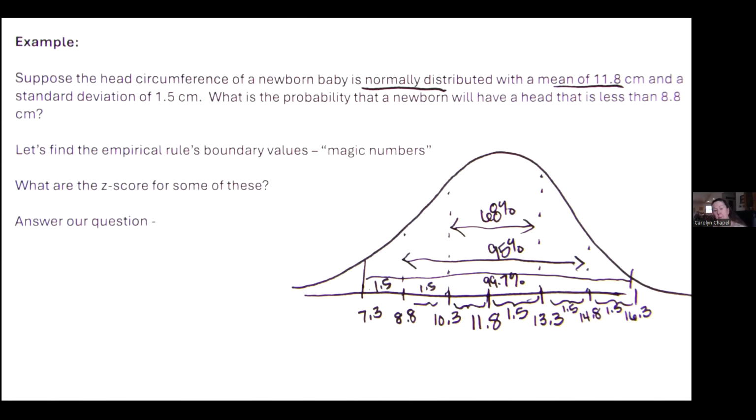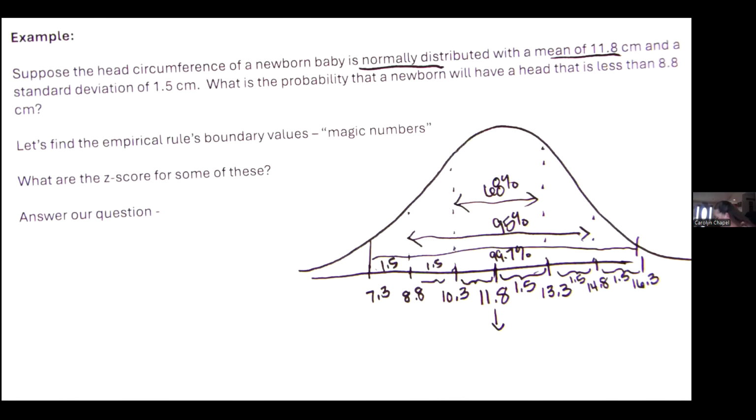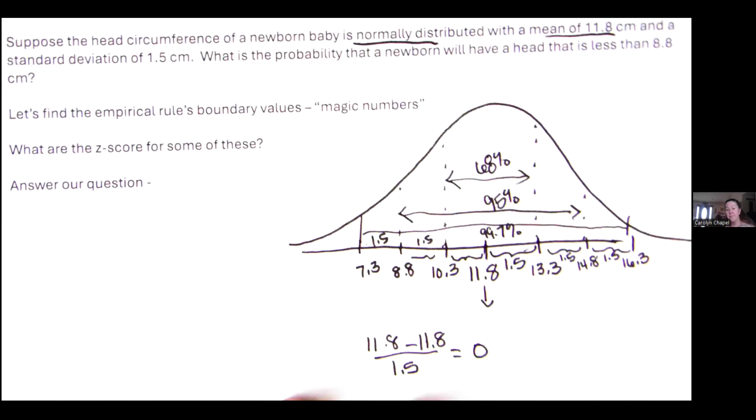I'm going to take a couple of these and find their z-score. So remembering that a z-score is your data value minus the mean divided by your standard deviation. So let's just take the middle one first. We're going to take our data value minus our mean, 11.8, and divide it by our standard deviation of 1.5. We do get 0.